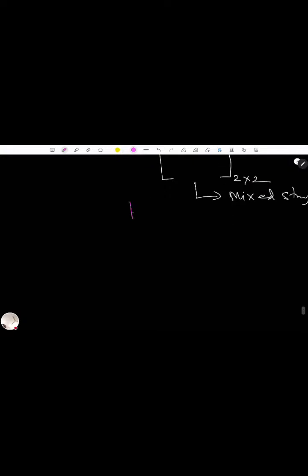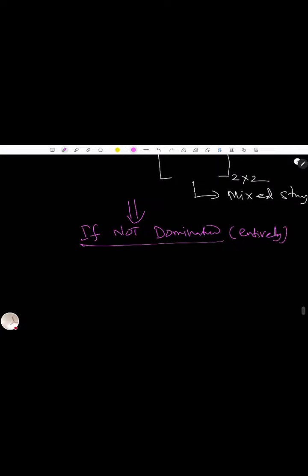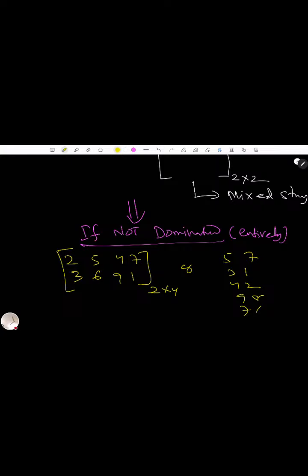Now coming to if not dominated entirely, suppose we get a 2 cross 4 matrix 5 4 7 3 over 6 9 1, or we get 5 7 3 1 4 over 2 9 8 7 6, like this.